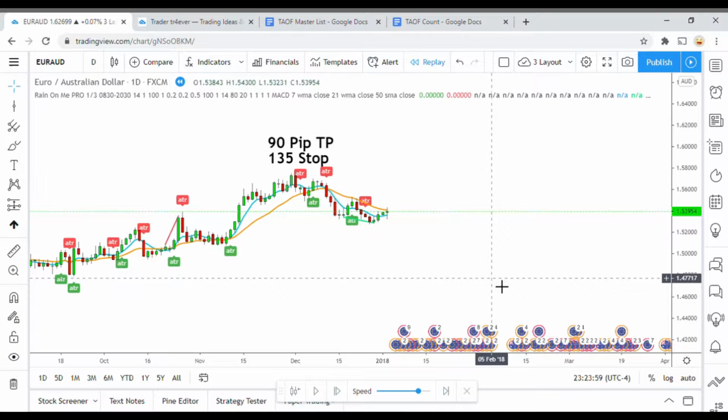Alright, as I said, today's indicator is the Rain on Me indicator. This is a TradingView member created indicator, and so of course there will be a link to it below in the description for you to check out. There are a few different versions that the user has created.